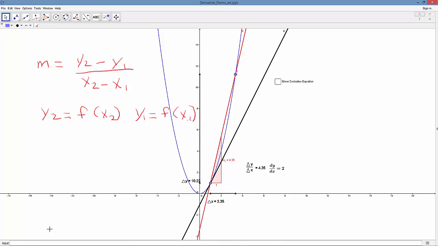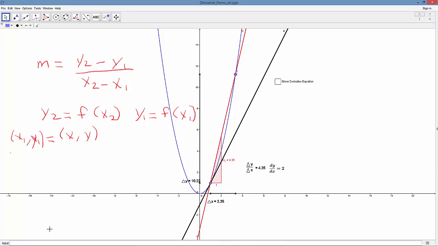And then if you remember, we're going to define the point at which we want to calculate the slope as x comma y. So that's what we'll call x1, y1 of our point. Okay?